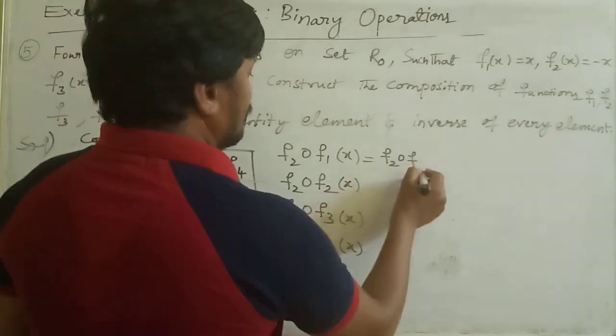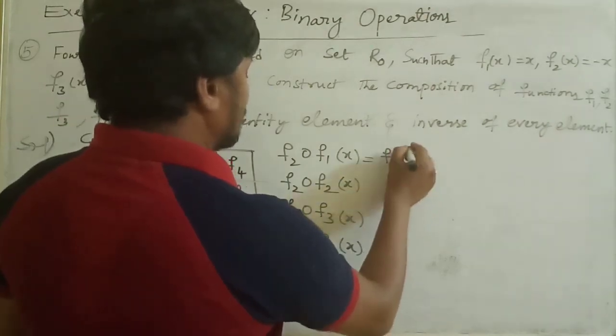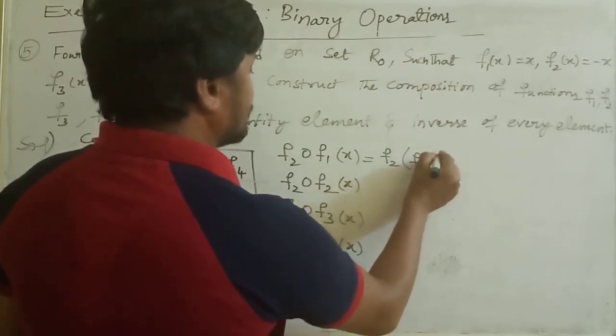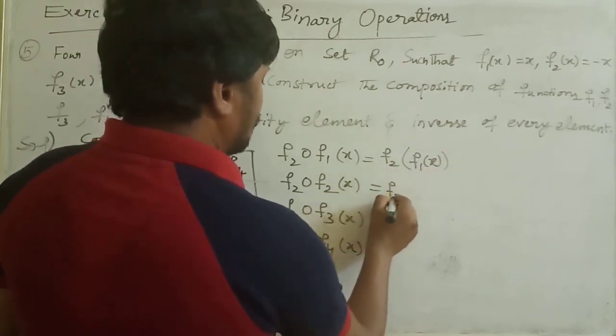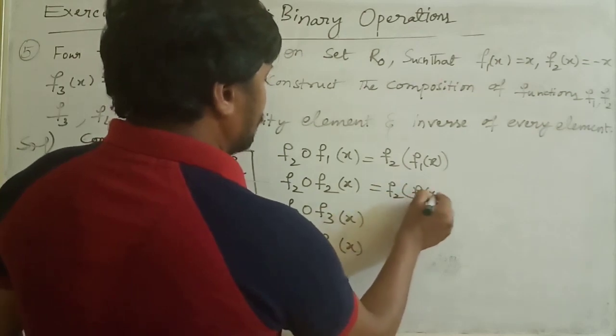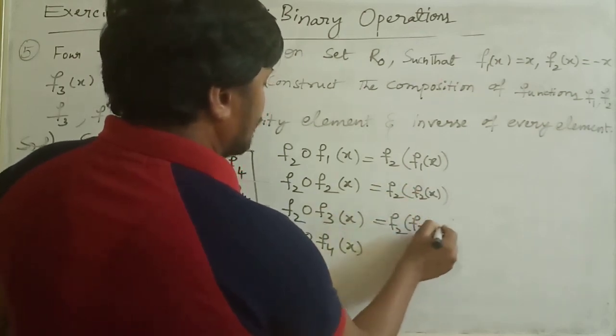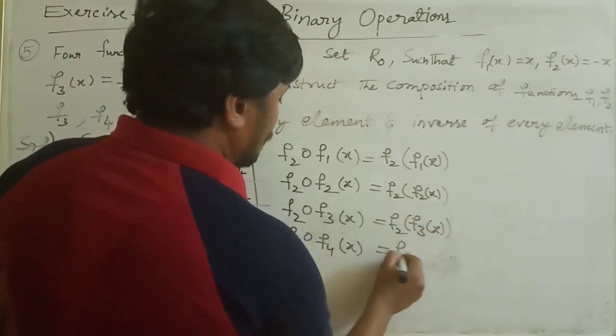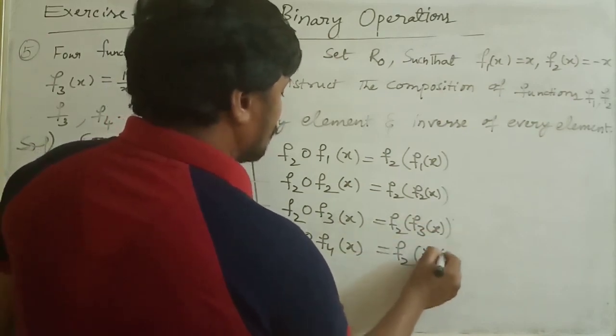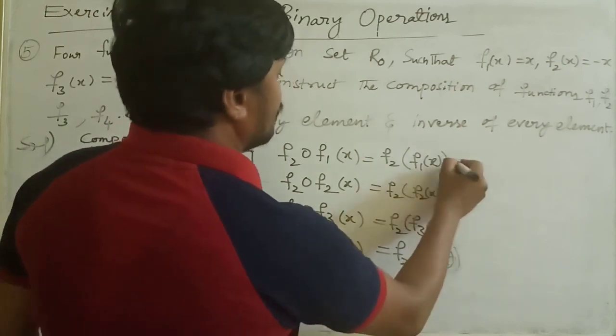If you remove the circle: f2 of f1 of x, next f2 of f2 of x, next f2 of f3 of x, next f2 of f4 of x. Just substitute those values, that's it.